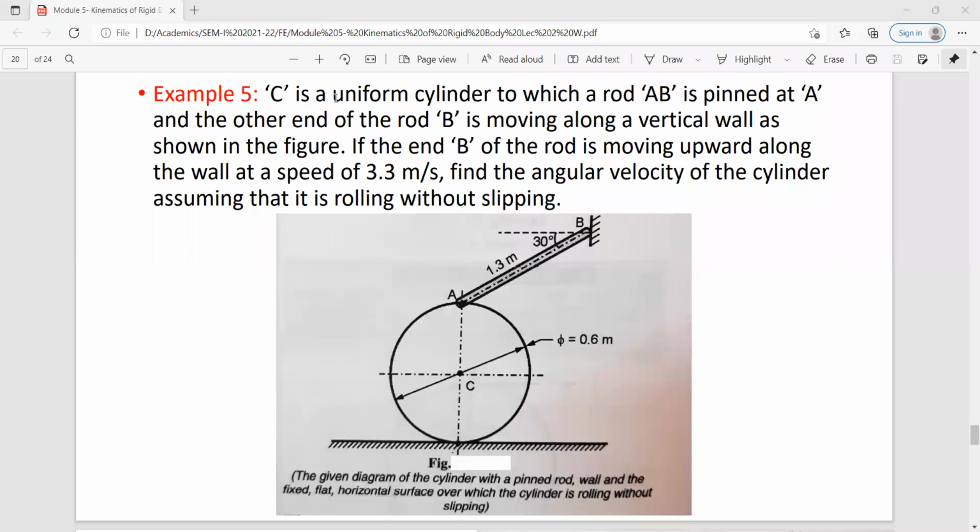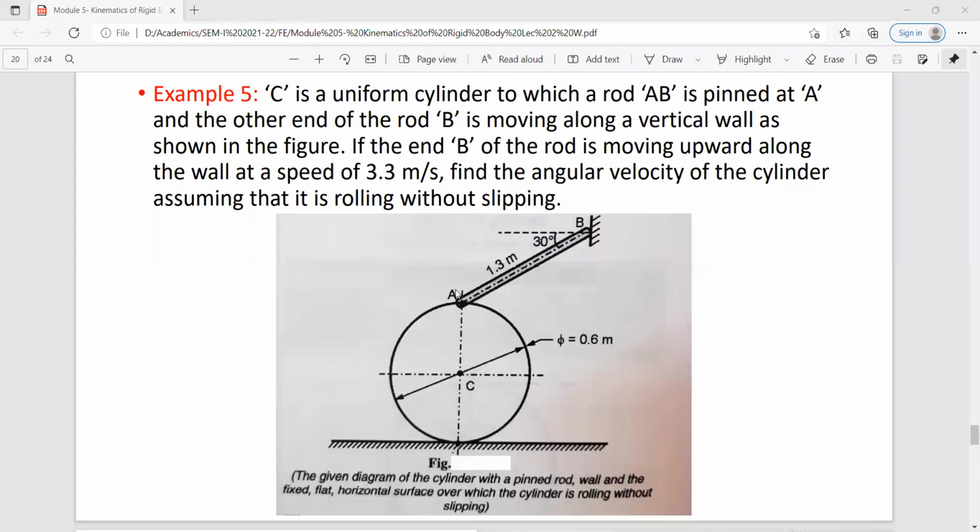C is a uniform cylinder. So you can locate where is the C. This round object is a cylinder which is uniform, to which a rod AB is pinned at A. Where is the rod AB?